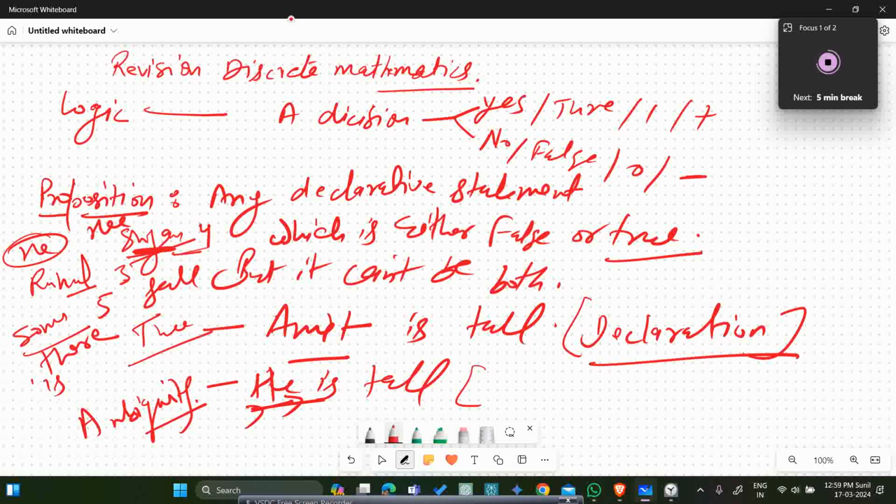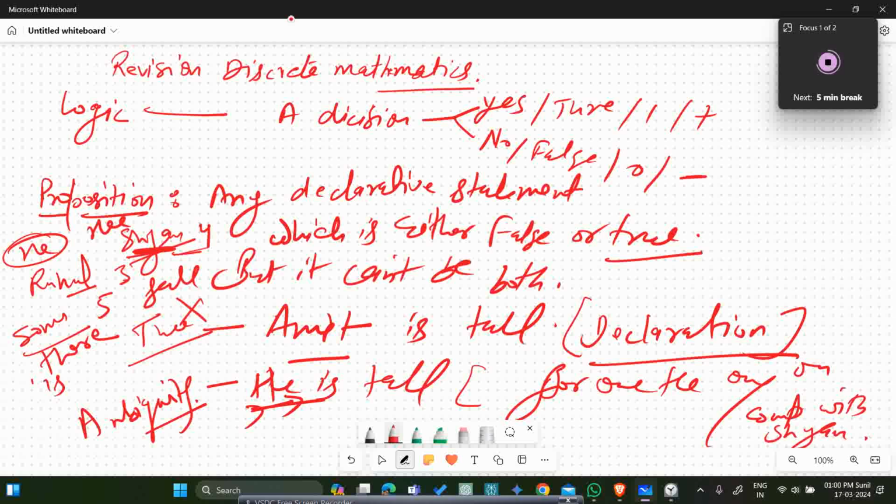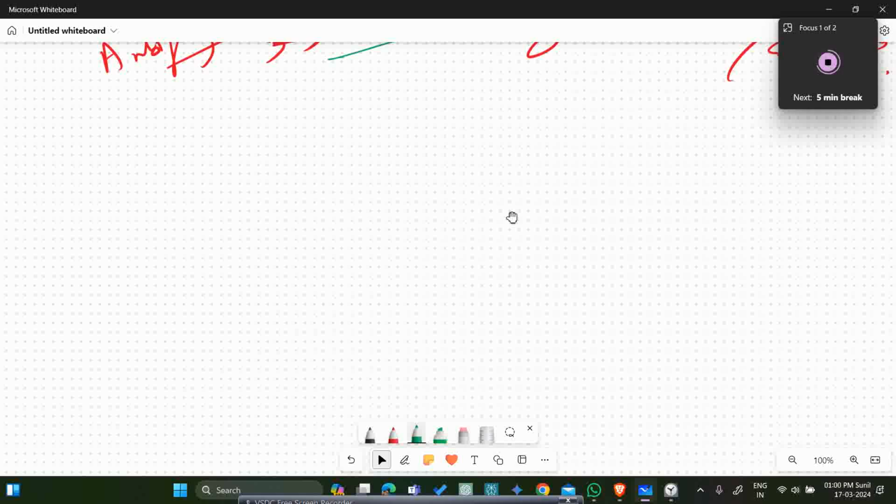So what we are saying is, this is ambiguous for one he only, on comparison with Syam. So this can't be done. Alright? So this is ambiguous here. Only declarative statements are what we call propositions. So hope you understand what a declarative statement is.